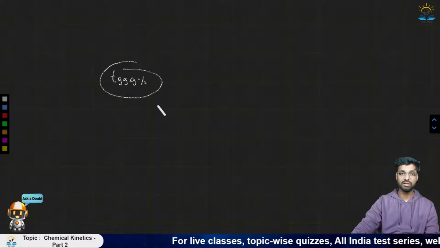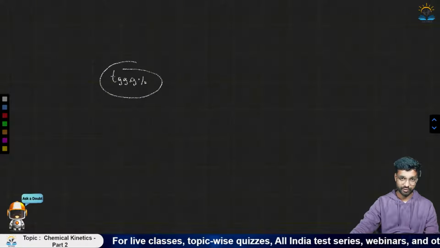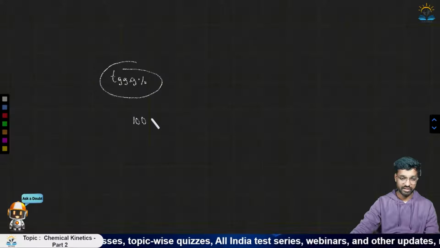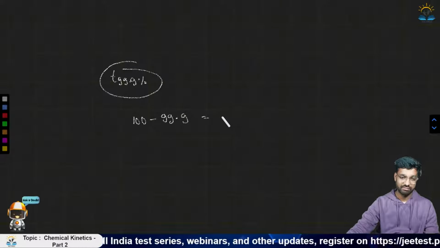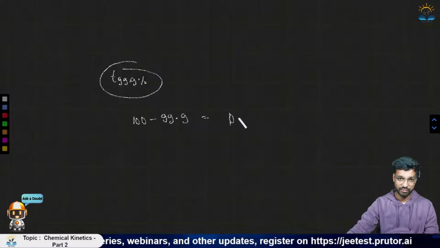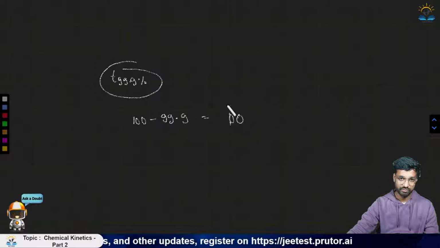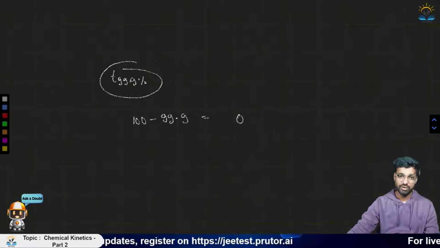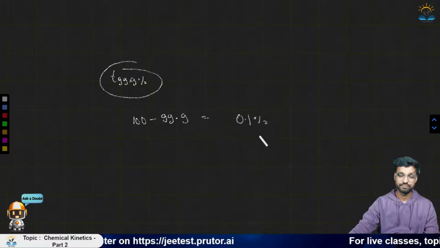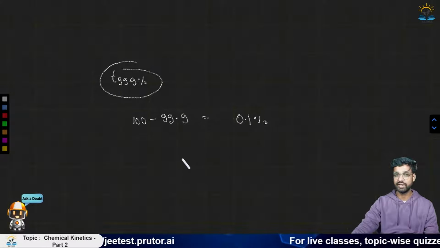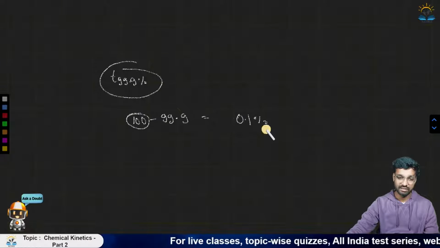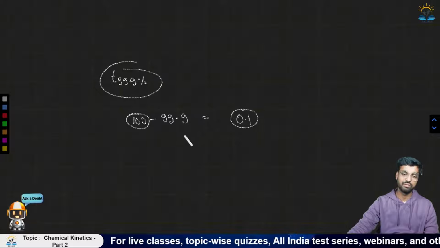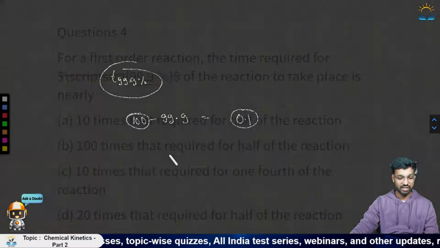So what is the remaining reactant? If it is 100%, then 100 minus 99.9 equals 0.1%. So 0.1 percent of the reactant is remaining. If we take the initial concentration as 100, then the final concentration of the reactant will be 0.1.